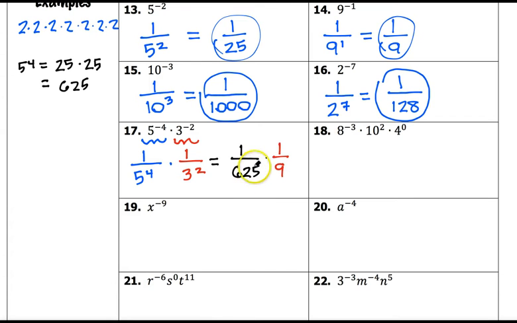So we have 1 over 625 times 1/9. So we have two fractions that we're going to multiply together here. 625 times 9 in the denominator is going to give us 5,625. So this becomes 1 over 5625.